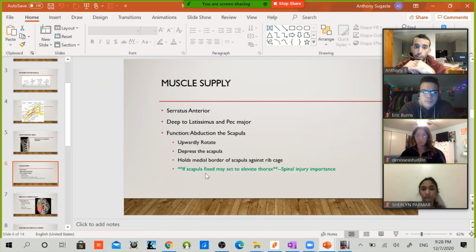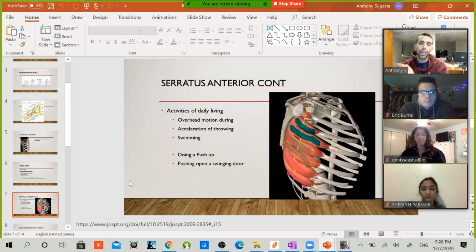What they can do to compensate for breathing at times, because as you can tell structurally it is attached to the rib cage, is when you stabilize your shoulders in a position and you breathe in or out, you can almost engage your serratus to help you lift up and assist with breathing.